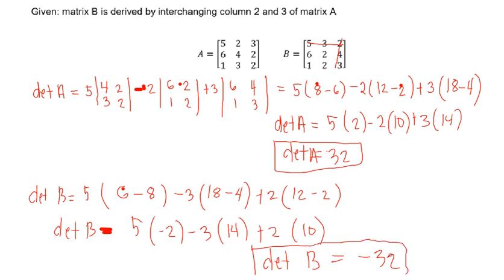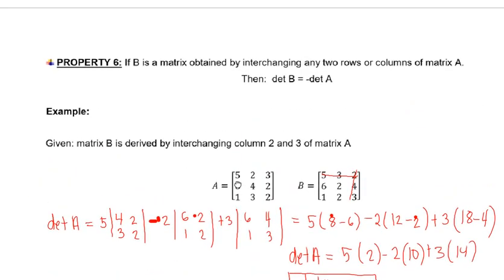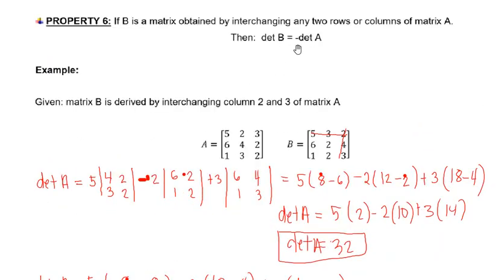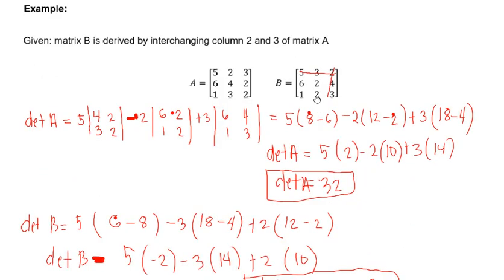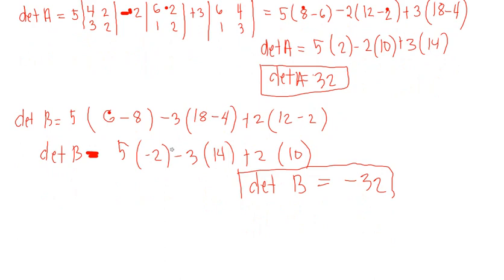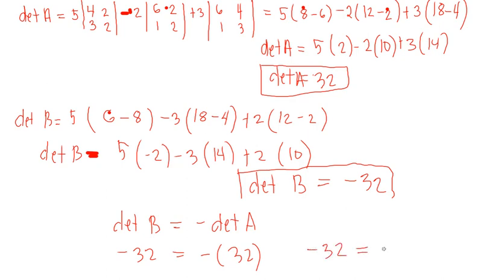So tama yung sinabi nung ating property that the determinant of B is equal to the negative determinant of A. Ang determinant of B natin is negative 32. That is equal to negative, the determinant of A is 32. So that is correct. So negative 32 is equal to negative 32. So yung property natin is correct.